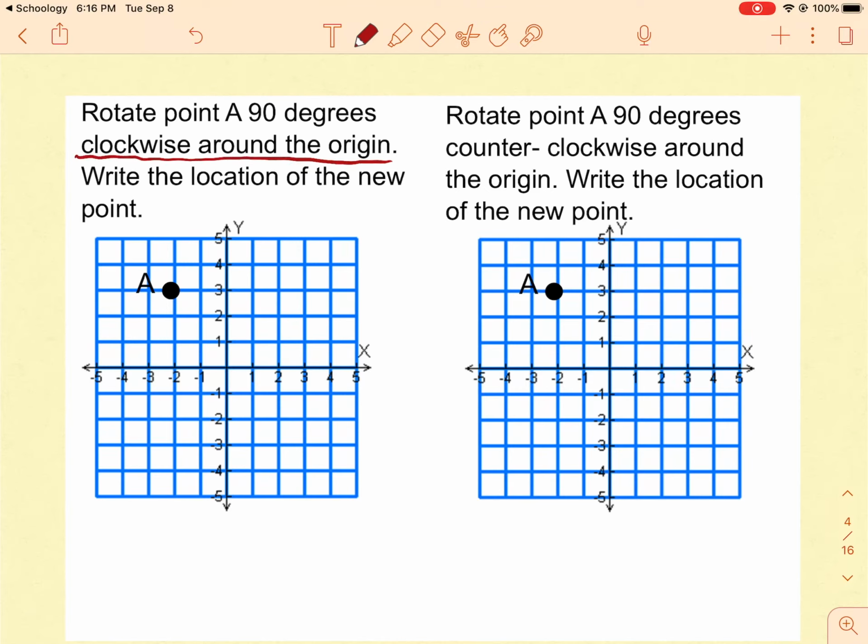We're not always going to rotate around the origin, but those are always the ones we like the best. 90 degrees clockwise. So we're kind of using this point, the origin, to help rotate or turn that point A. So you can draw a vertical line and a horizontal line connecting the 2 points.